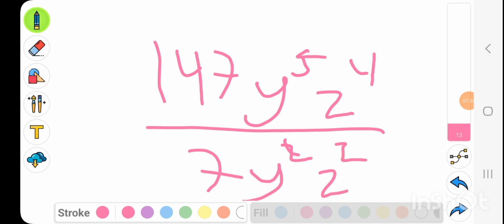So what you need to do now is divide these variables. Remember, if we need to divide, we subtract the powers.